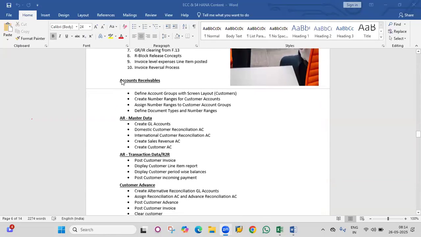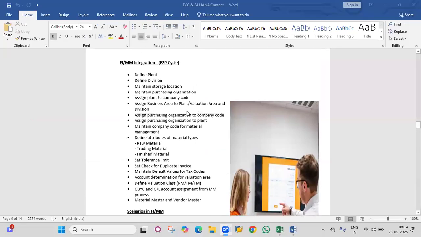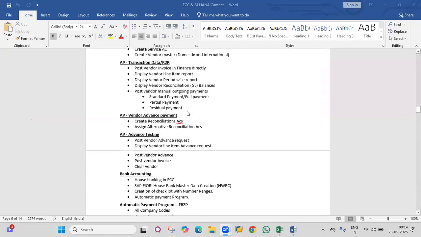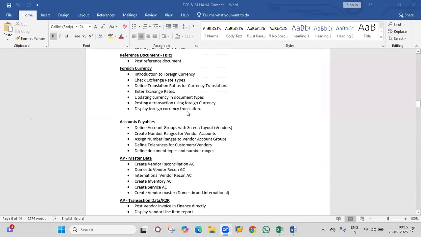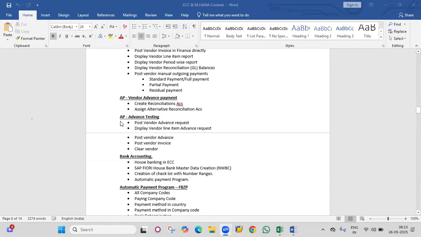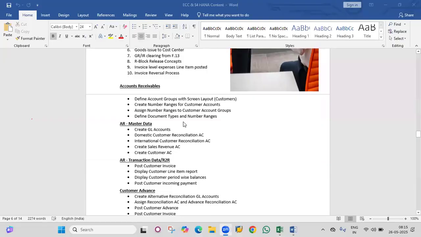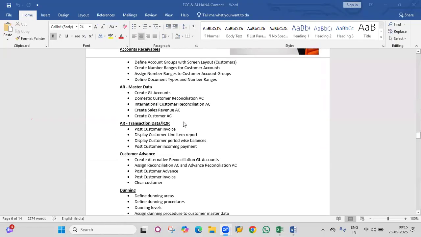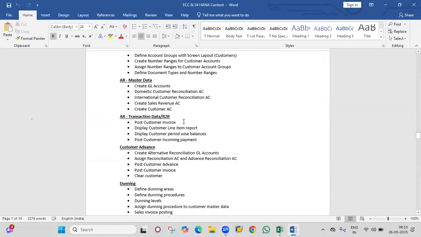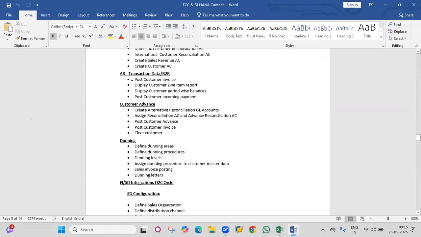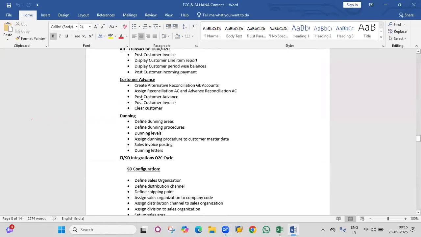In parallel, we are going to start with accounts receivable. Accounts receivable is nothing but customers. Accounts payable is nothing but vendors. Accounts payable is for vendors, and then we'll start with accounts receivable, which is for customers. Again, customer configurations, customer master data, customer transactions, customer reports, how to make customer advances.